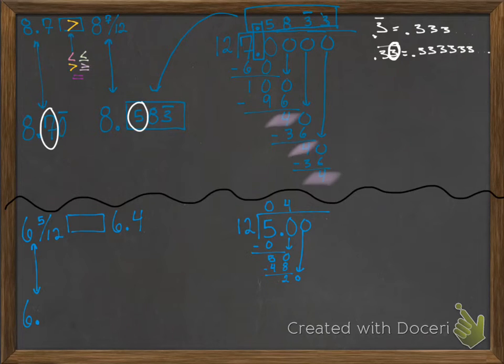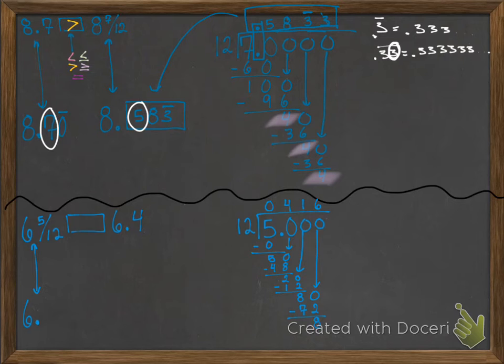Bring down another 0. I'm at 20. How many times does 12 go into 20? 1 time. 20 minus 12 is 8. Bring down the 0. I'm at 80. How many times does 12 go into 80? 6 times. 12 times 6 is 72. 80 minus 72 gives me 8, and boom, I have my pattern. I've started throwing extraneous zeros at the end of that 5.